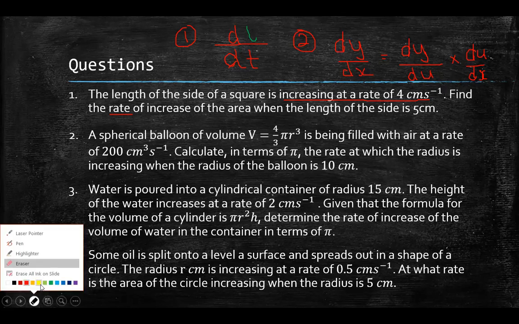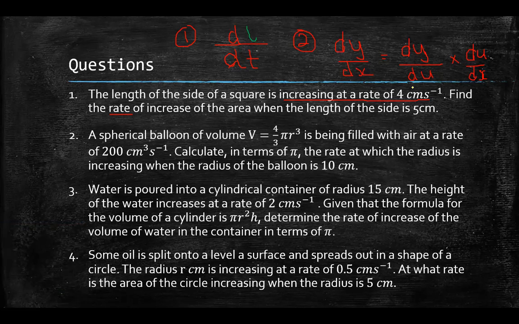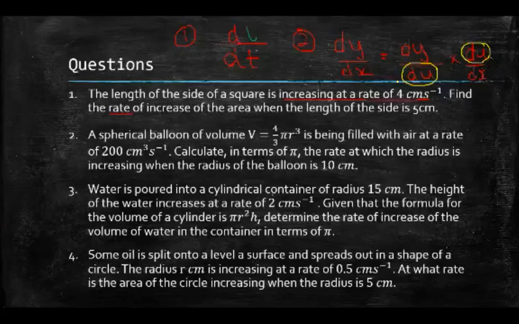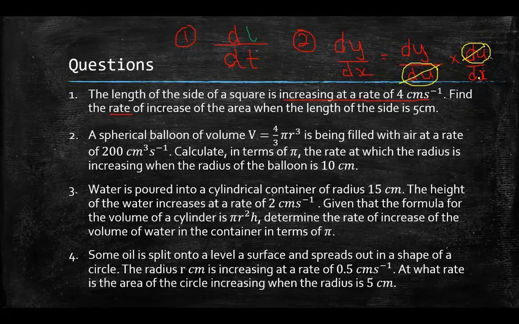And for those who have trouble remembering this rule, it's almost like this du and this du would cancel each other to give me the dy on dx. Do you understand that? I mean, that doesn't really happen, right? This is just to help you remember. The du would cancel with this du to give me the dy on dx.